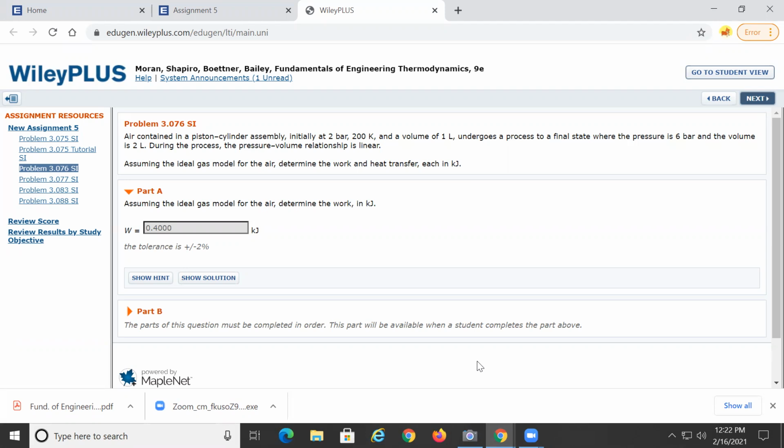During the process, the pressure-volume relationship is linear. Assume the ideal gas model for the air, determine the work and the heat transfer, each in kilojoules. So assuming ideal gas, I will put here ideal gas.